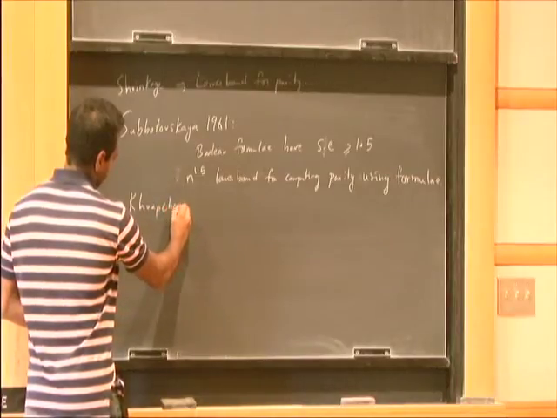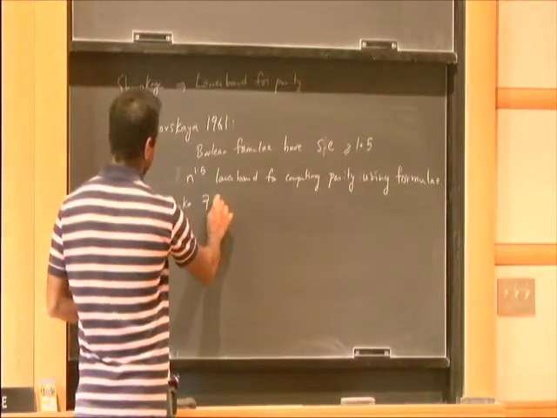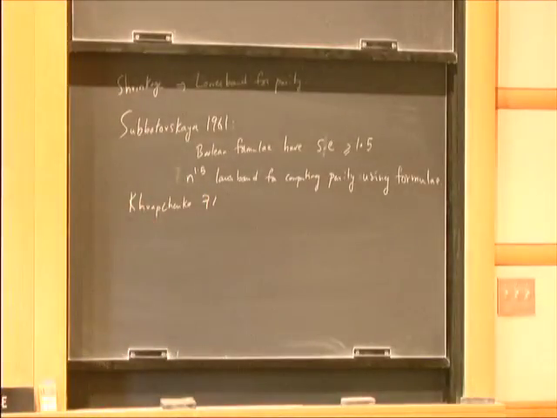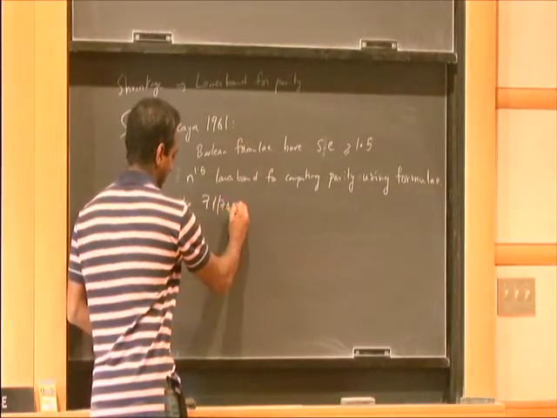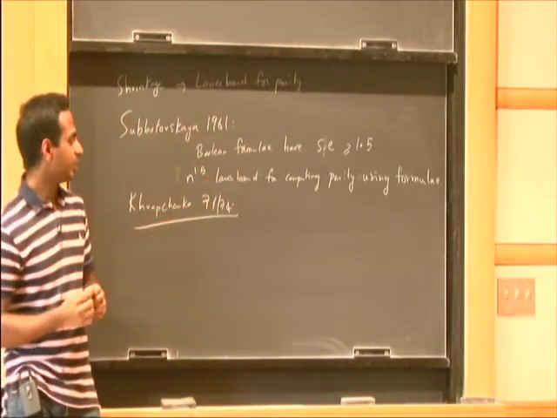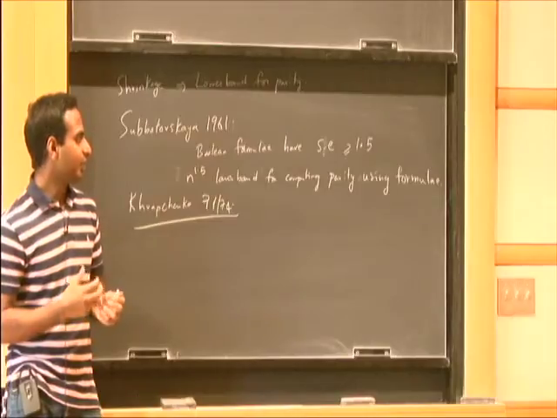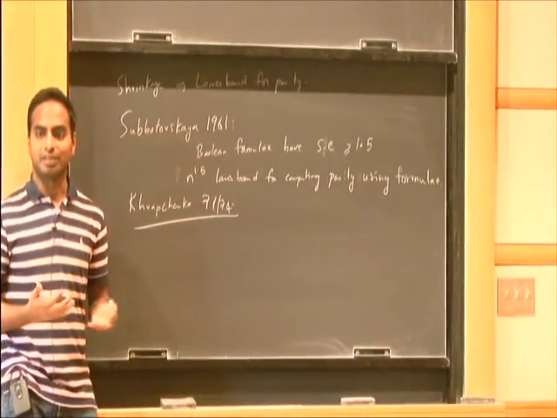And Kravchenko, in 74, I think, I didn't write down the year, maybe 71 or 74, I don't remember, later improved this using a slightly different argument, but I think it's kind of the same argument in a different language.